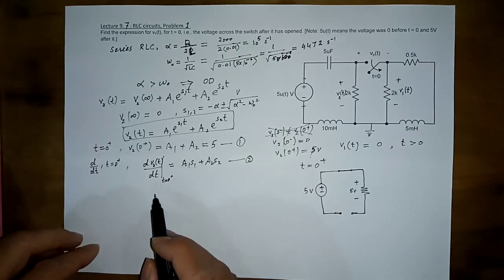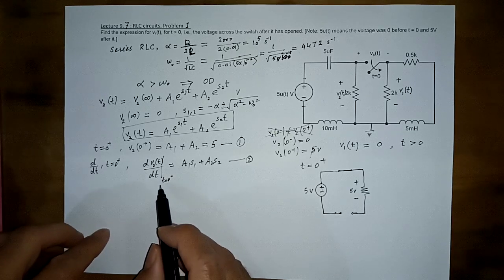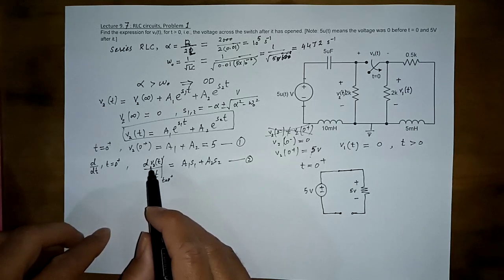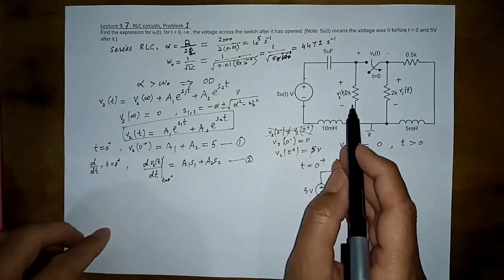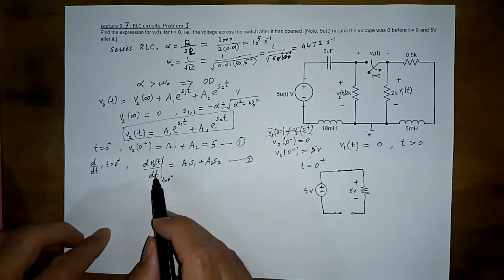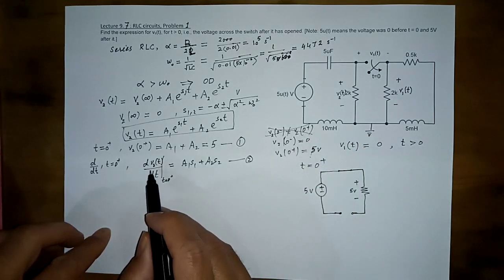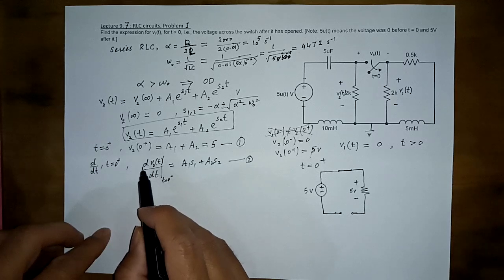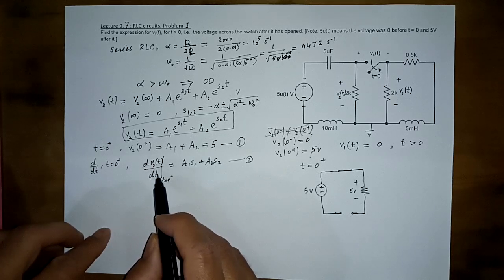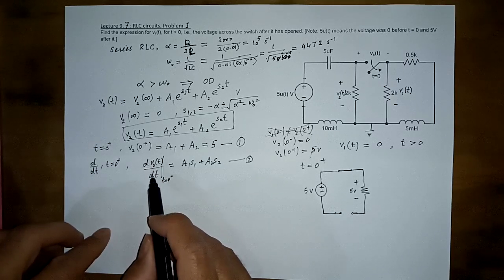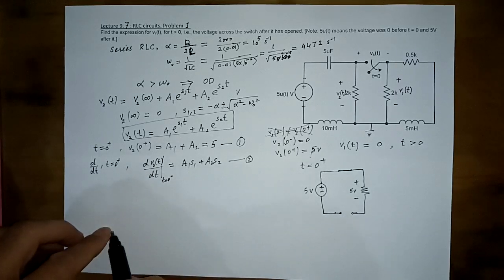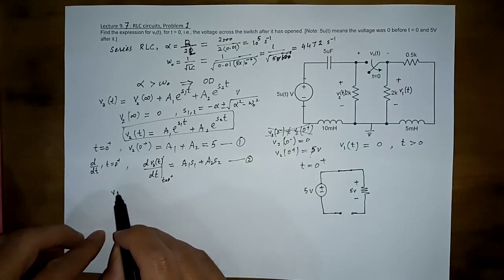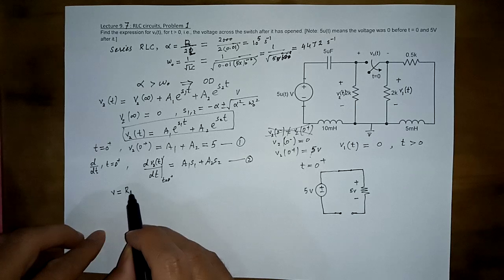But how do we know that? We don't know that. And remember, V2 is a voltage across a resistor. For resistance, there is no expression which contains a derivative. So how to find dV/dt for a resistor? For a resistor, we know V is equal to Ri.